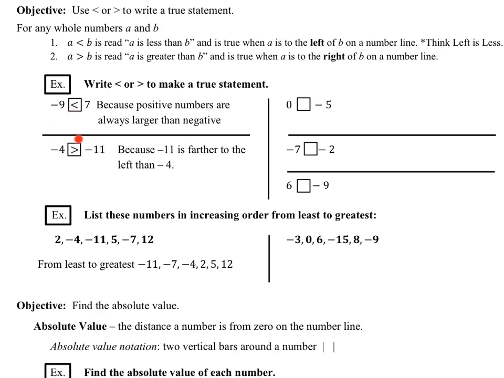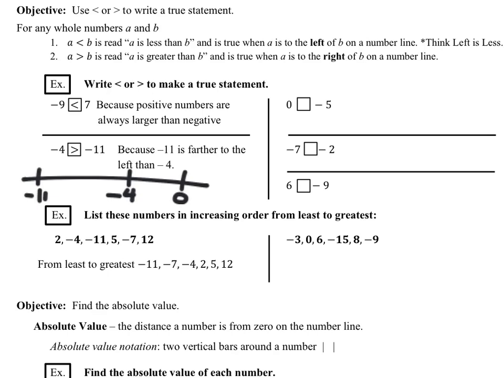And on this one, well, why is it eating the negative 4? Isn't 4 smaller than 11? Well, 4 is, but negative 4 is not smaller than negative 11. Because if we looked at a number line, this is where 0 would be, negative 4 would be here, negative 11 would be here. See how negative 4 is to the right on this number line? That's why it's eating the negative 4.